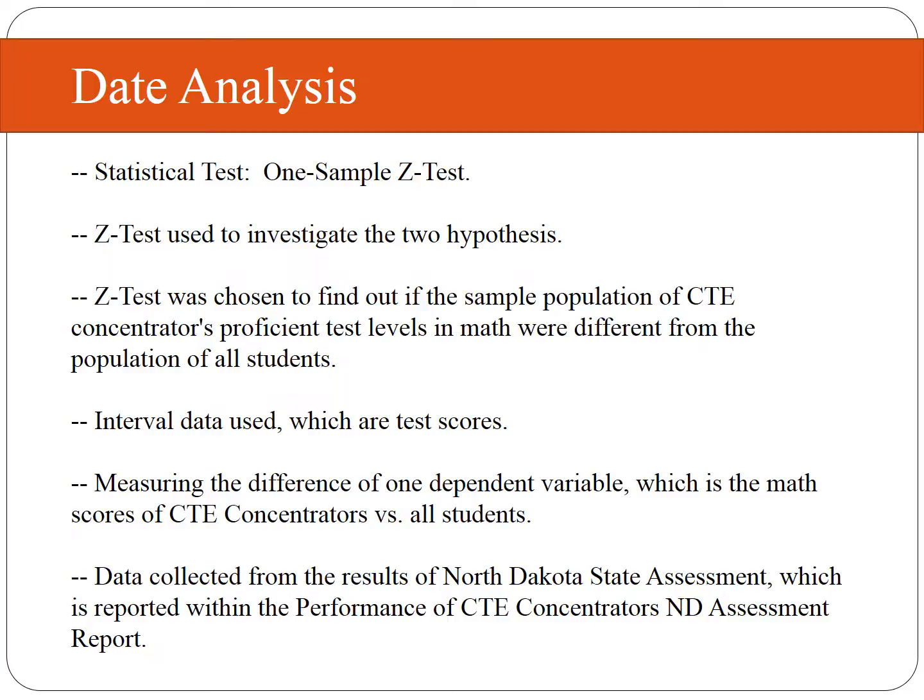Interval data was used, which are test scores, measuring the difference of one dependent variable, which is the math scores of CTE concentrators versus all students. And of course, like mentioned before, the data was collected from the results of the North Dakota State Assessment, which is reported within the Performance of CTE Concentrators North Dakota Assessment Report.